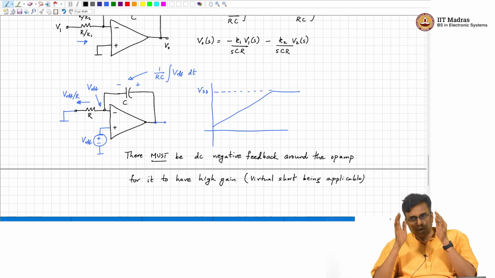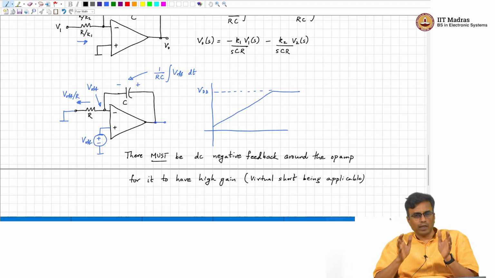No, because that only applies when the op amp has a very large DC gain. But because the op amp is saturated, you change the input and the output doesn't change at all, so the gain is actually 0. Therefore, the virtual short concept doesn't apply, because the op amp is saturated.